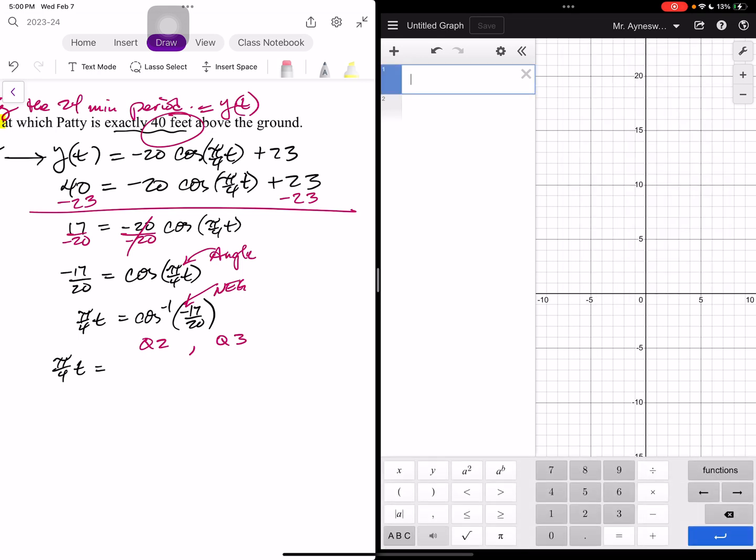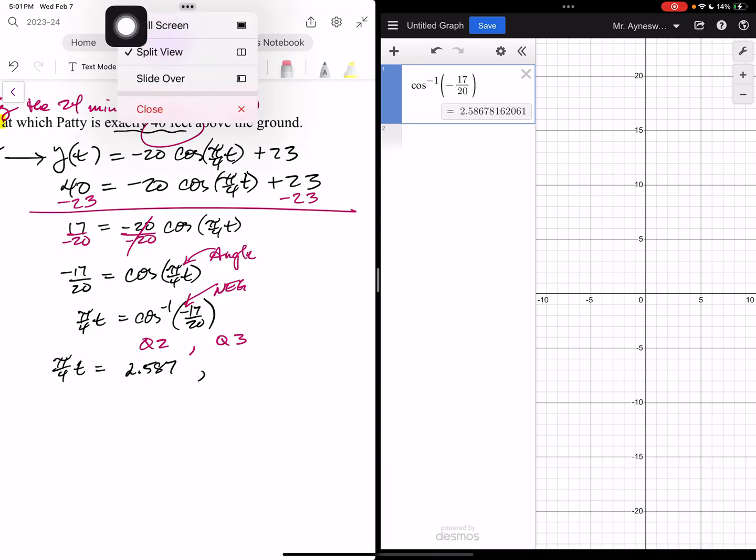So I'm going to take the inverse cosine of -17/20 and see what happens. Okay, so what do we get here? So we get 2.587. All right, so our angle in quadrant 2, our first angle that we have, is 2.587 radians in quadrant 2.